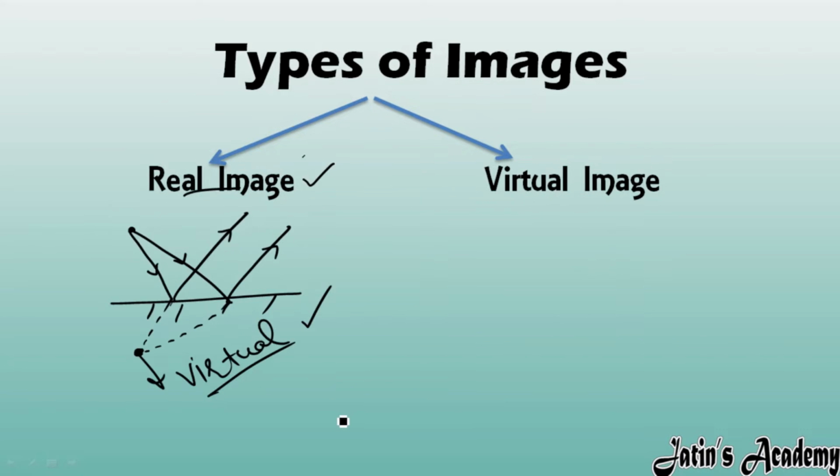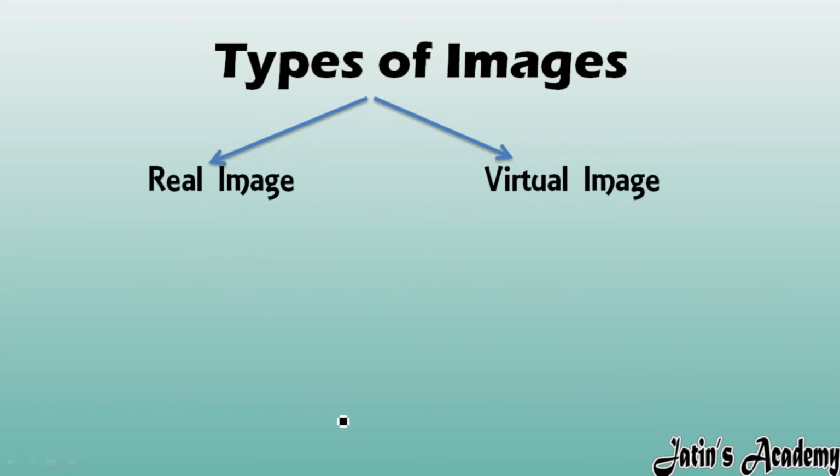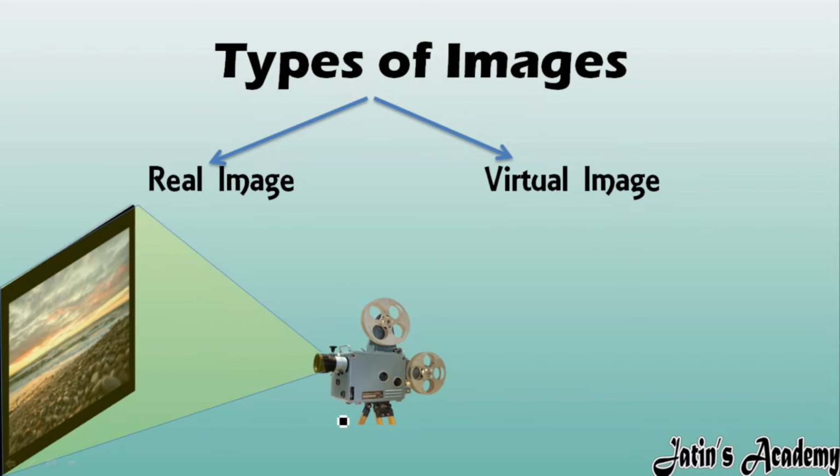Okay, I will show you one example from daily life where real images and virtual images are formed. Real images are always formed in cinema halls. Whenever we go to a cinema hall, the screen is showing us a real image, means all the reflected light rays are meeting on the screen only, not behind the screen.